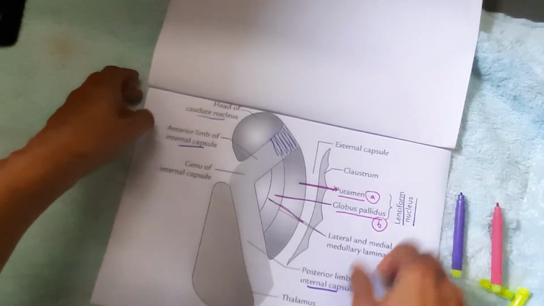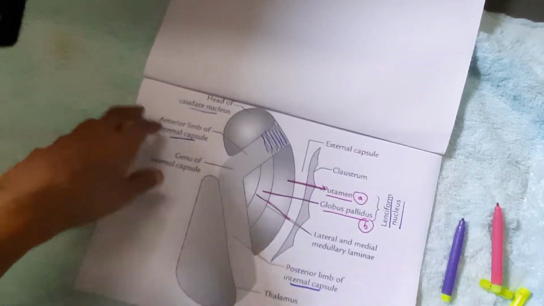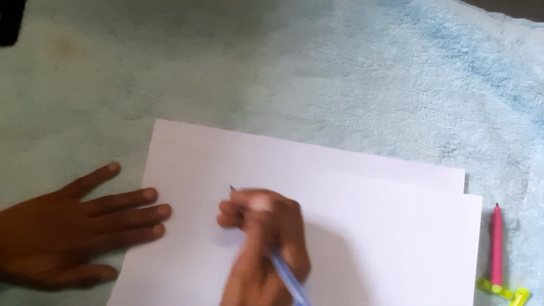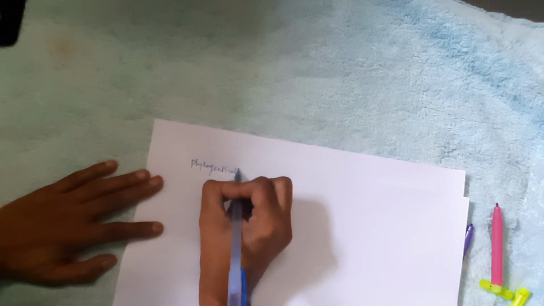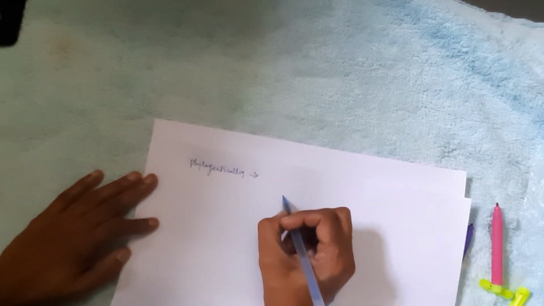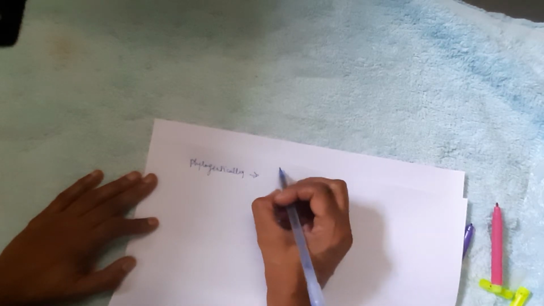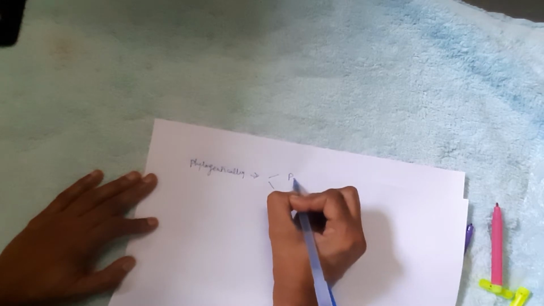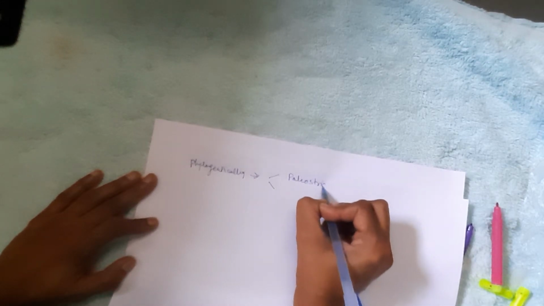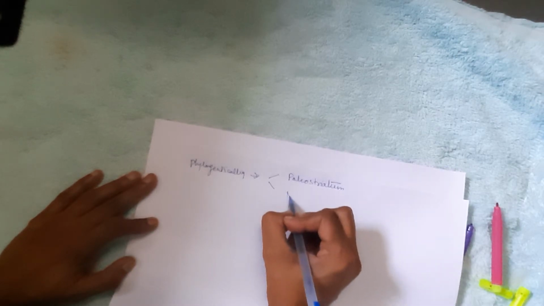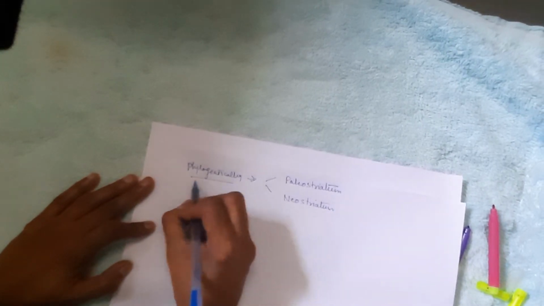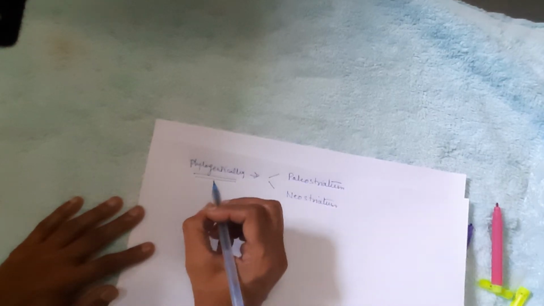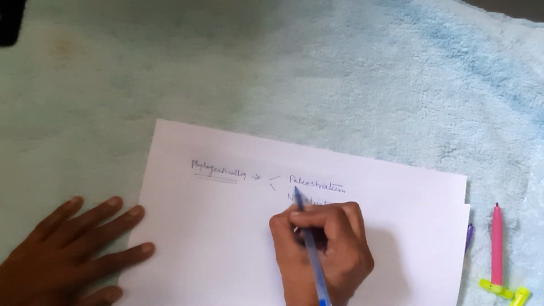Now, phylogenetically, this complete corpus striatum is divided functionally into two units: number 1, paleostriatum, and number 2, neostriatum.